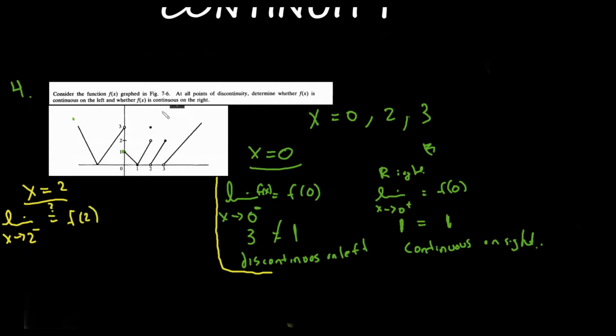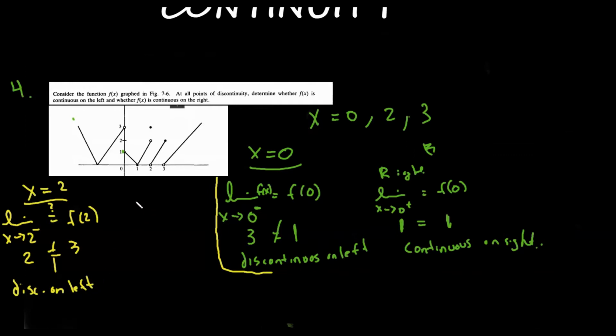Alright, so as we approach 2 from the left, we're going to be working with this segment, and we see that it's trying to approach 2. And what is f of 2? If we plug f of 2 into our function, we get back this black circle, which is 3, and that's not equal to 2, so it's discontinuous on the left.